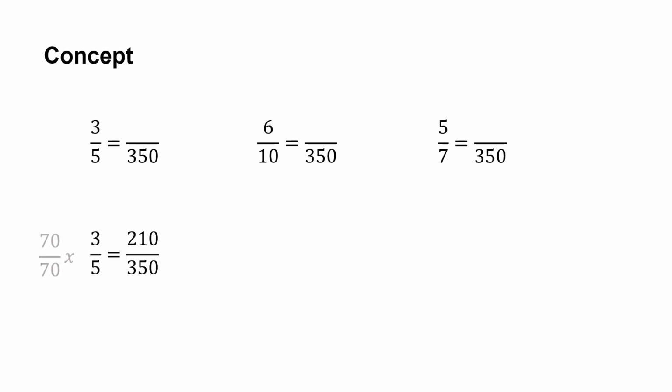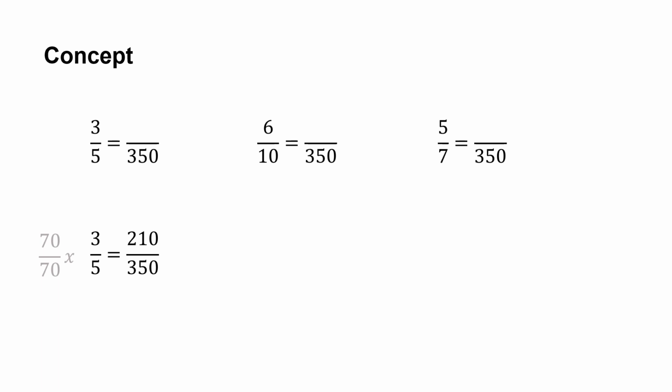So what we can now do is rewrite each of our original fractions as something over 350. How are we going to do this? If we take our first example, 3/5, we can multiply top and bottom by 70, because we know that 350 divided by 5 is 70.